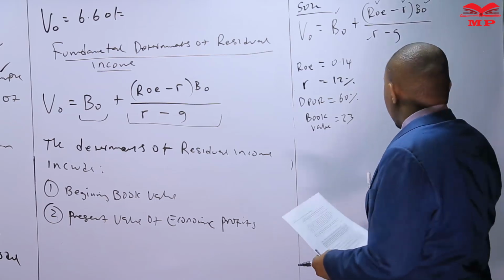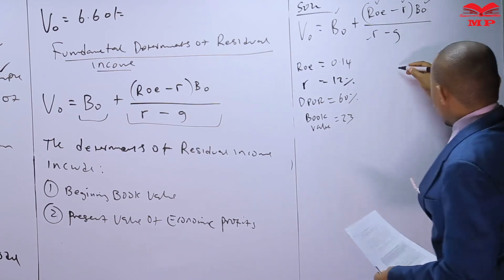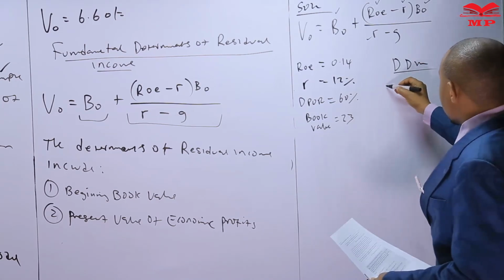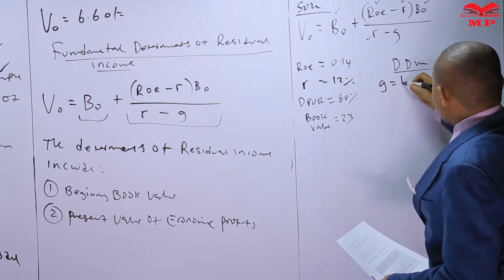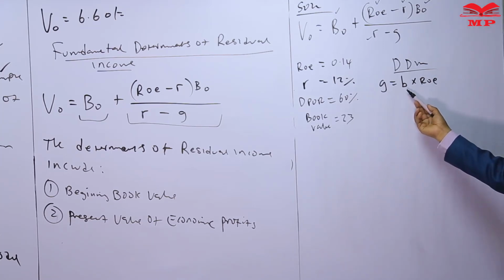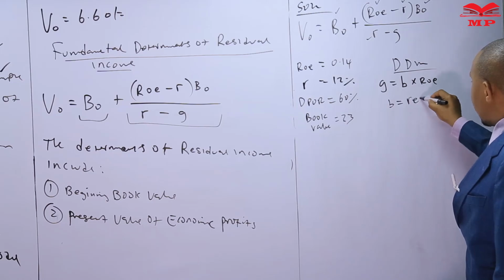Recall in the dividend discount model, G is given as small b times ROE, where b is the retention ratio.